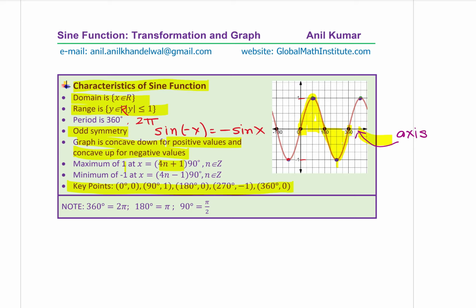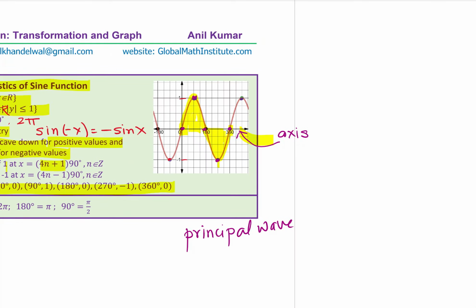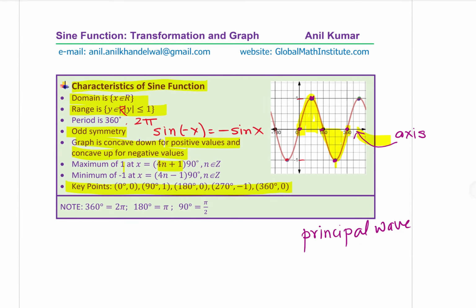Now, the wave which we call the principal wave starts right from there at the origin. Then we get the maximum, 0, minimum, and 0. These five are the critical points which we'll always consider for transformations.